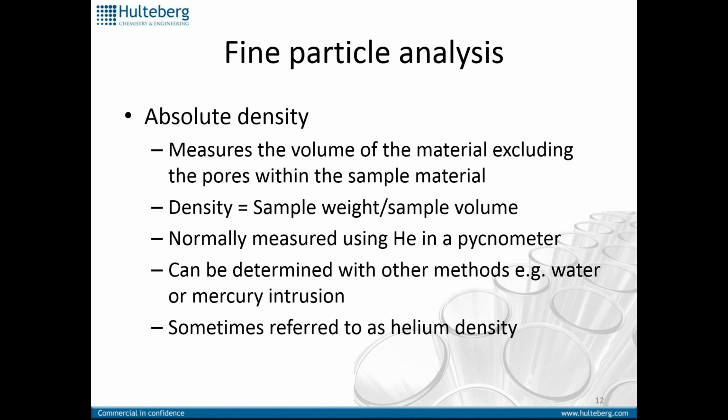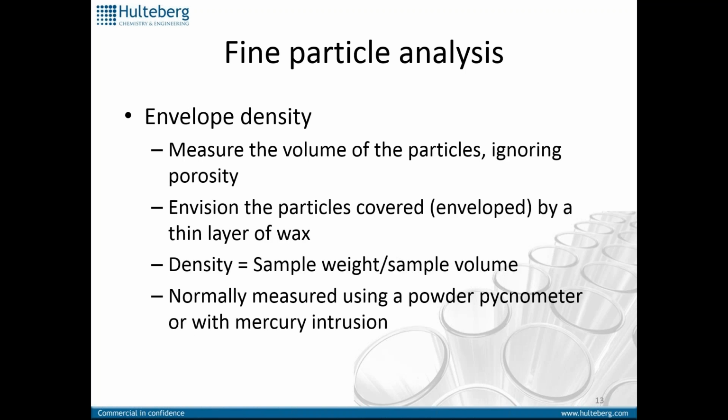We measure the absolute density by helium in a pycnometer, but we can also determine it using water or mercury intrusion. And since we use helium in the pycnometer, it's normally referred to as the helium density. The envelope density takes a slightly different approach.